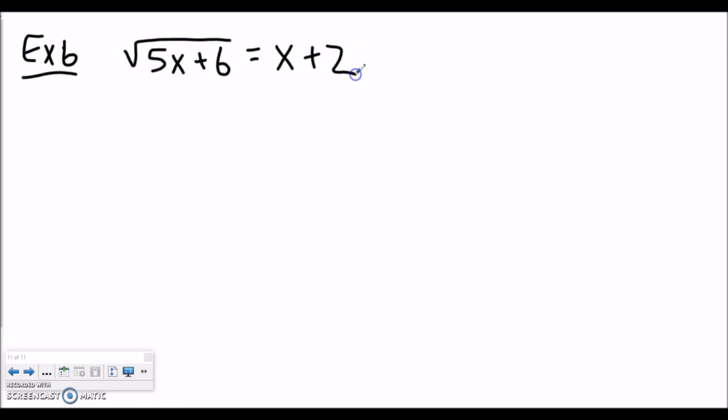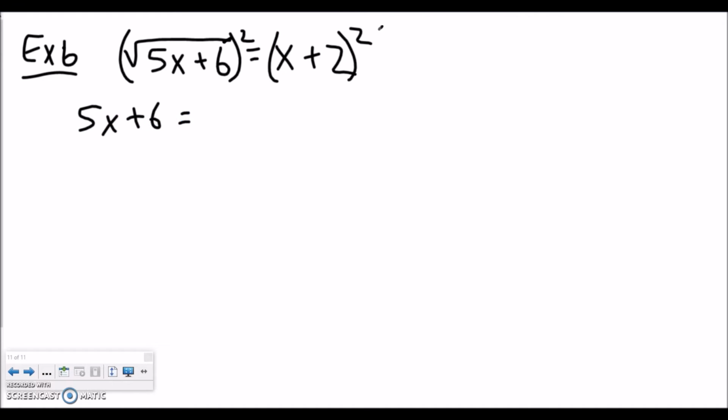Let's do another example just like that. Example 6. Square root of 5x plus 6 equals x plus 2. Well, again, the square root on the left side is the problem, so we square both sides. Left side is easy, 5x plus 6.